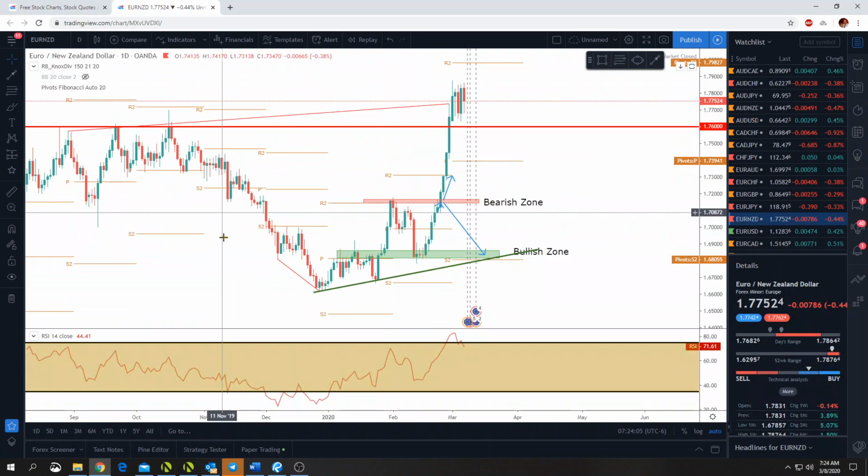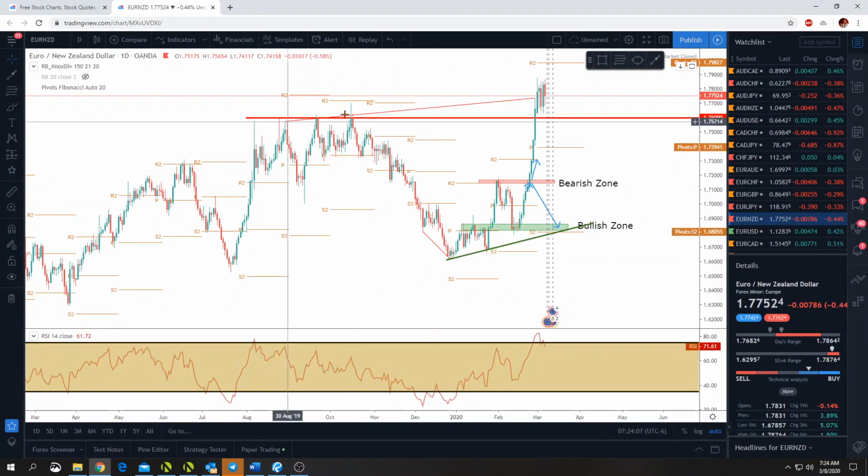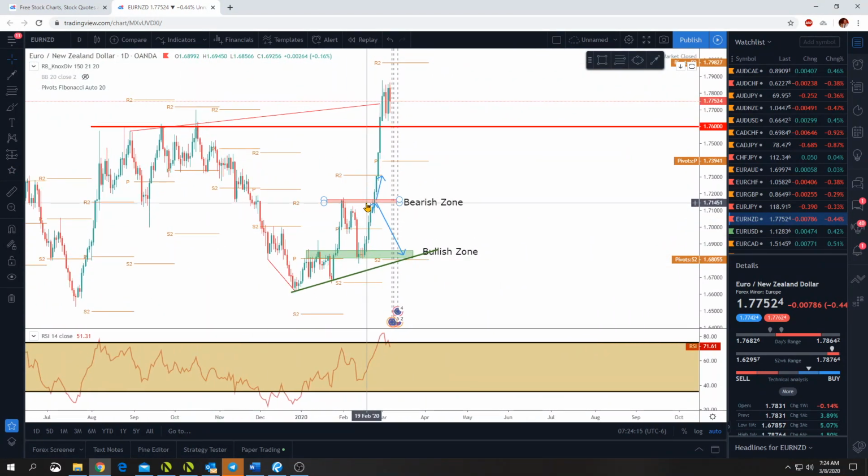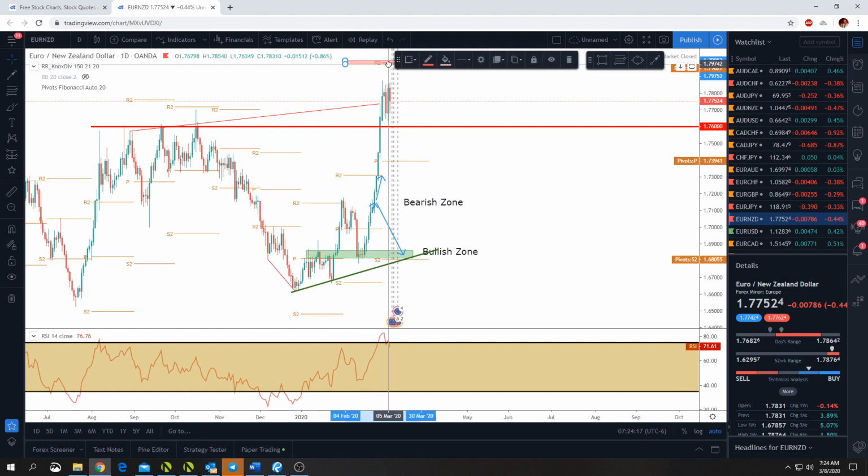Euro NZD. All right, so we broke resistance. We're consolidating. We didn't hit R2 on the daily here. I would definitely get bearish if we get there. And I'm going to get bullish on a retest of this area.